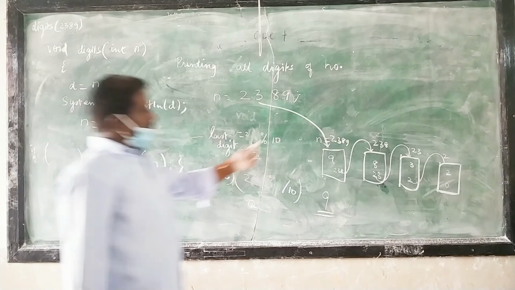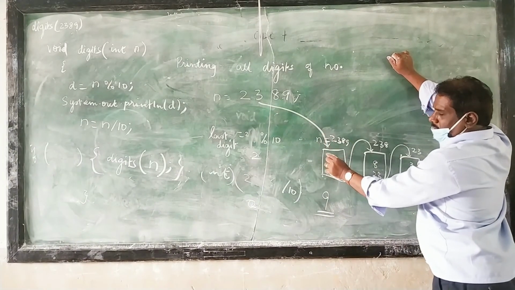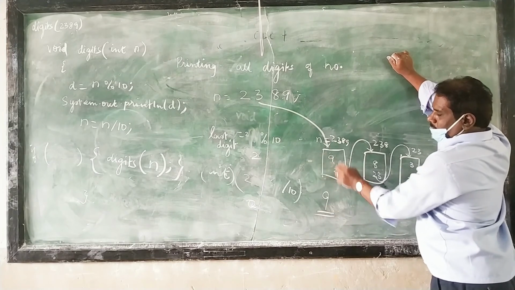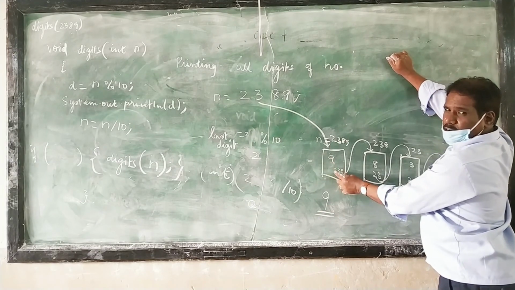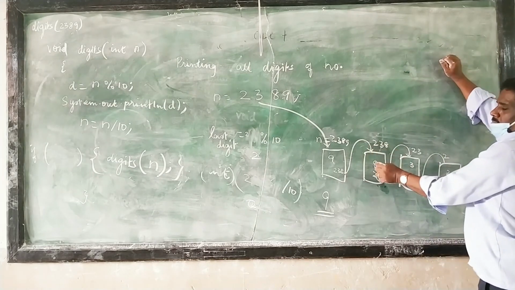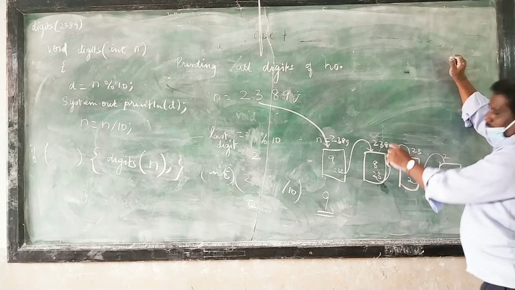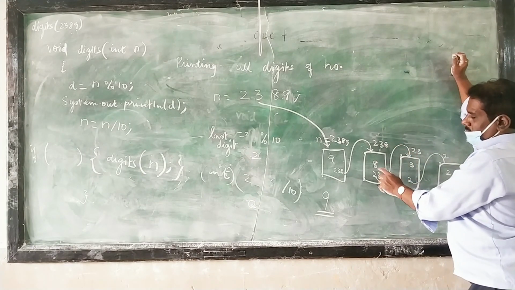So first time 2389, last digit we are taking out and printing. Then remove the last digit. It will become 238. Then we are sending 238. From there, commands are the same in every block. So last digit, it will take out 8 and it will remove.